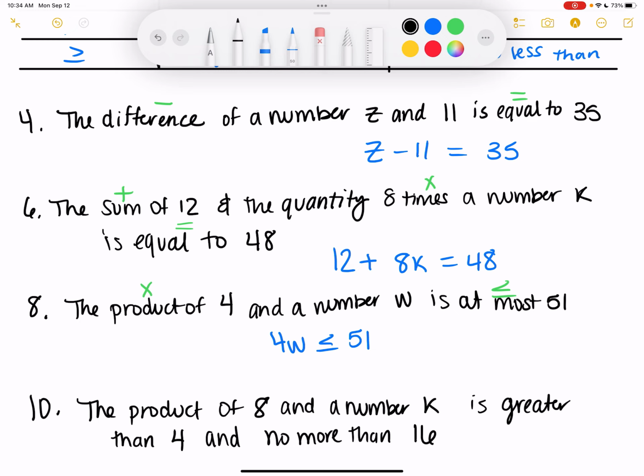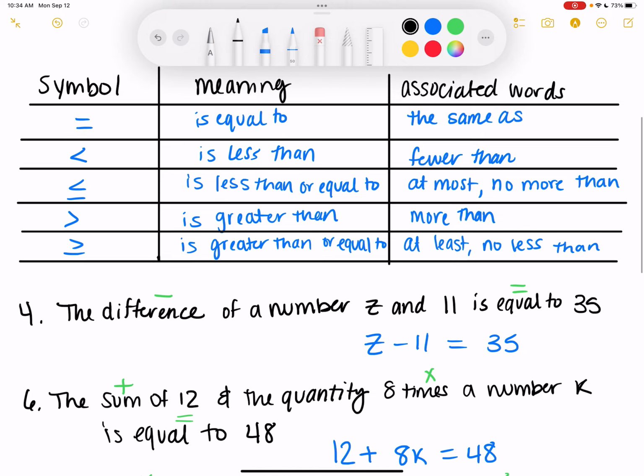Okay, so this one is going to look different than the other ones. This one's actually going to have 2 of these symbols in it.